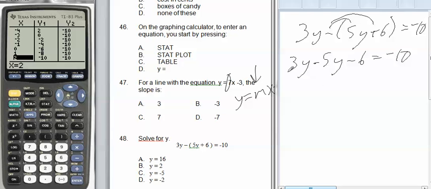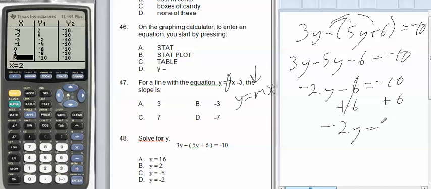To simplify this side, we can combine these two, combine our variables that are the same. Negative 2y minus 6 equals negative 10. We need to get our term with y alone, so we need to get rid of our minus 6, so plus 6. Divide both sides by negative 2, and y is equal to 2.